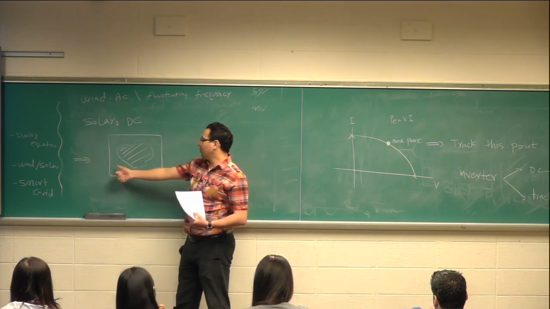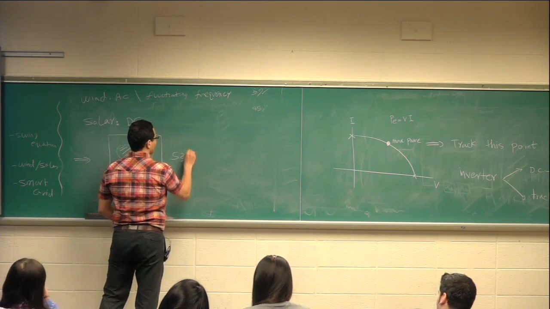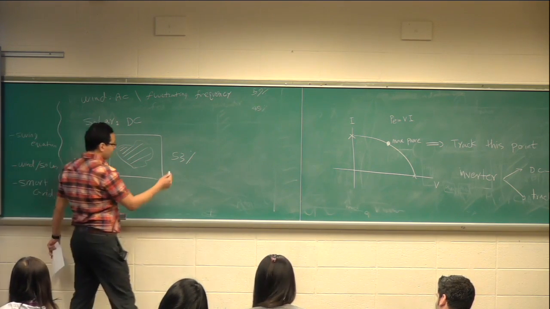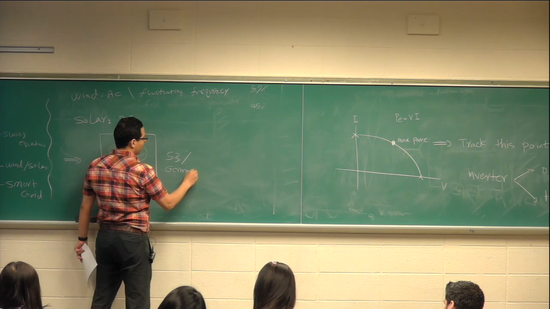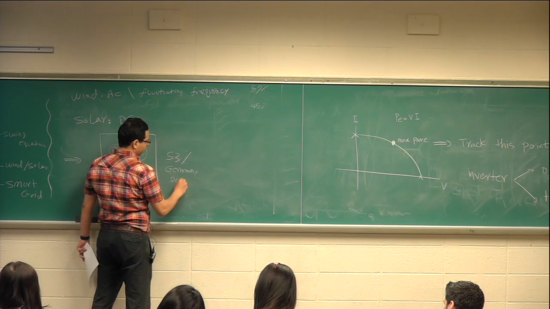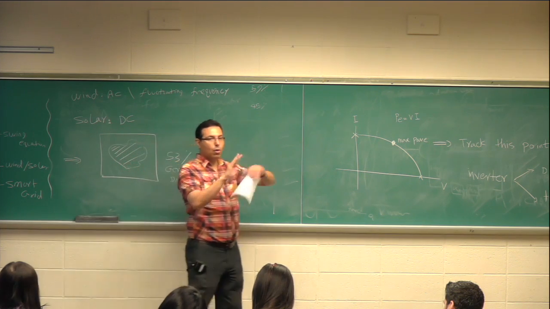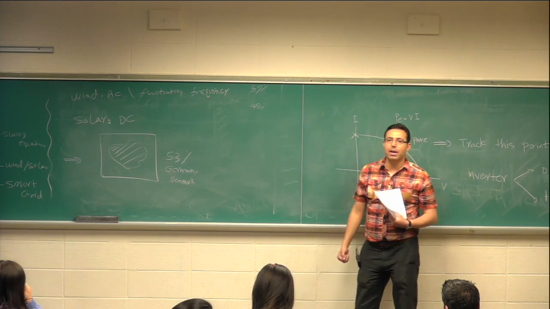Like last summer, about 53% of power, depending on the day, in Germany and Denmark came out of renewables. Like the whole country, countrywide, half of the power that they consumed was free.